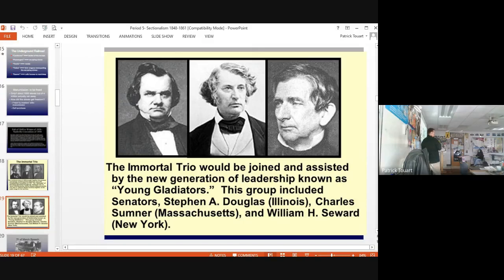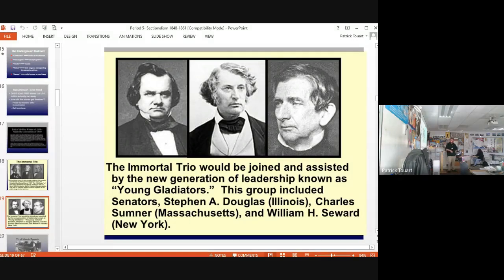He's from Illinois. He doesn't like slavery, but he doesn't really dislike it either. So the new leadership, you can see, are more radicalized, I guess you might say, particularly Sumner and Seward. Sumner and Seward are both from the old Conscience Whig, Free Soil, soon to be brand new Republican Party. Okay, so that's these two guys.